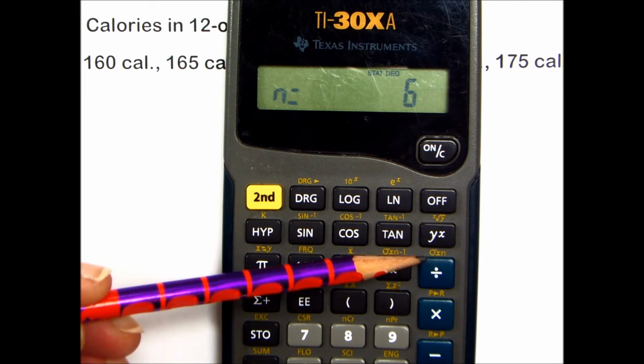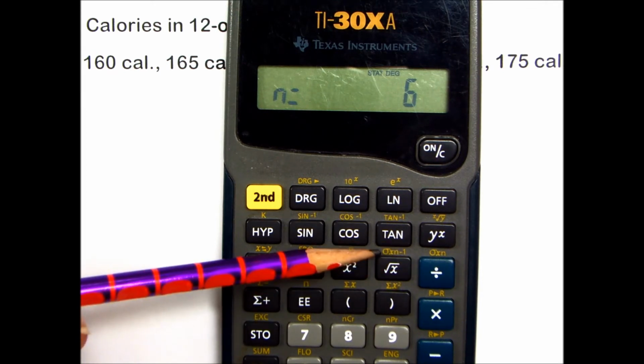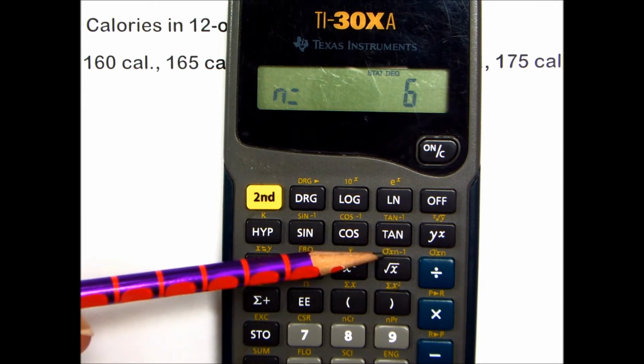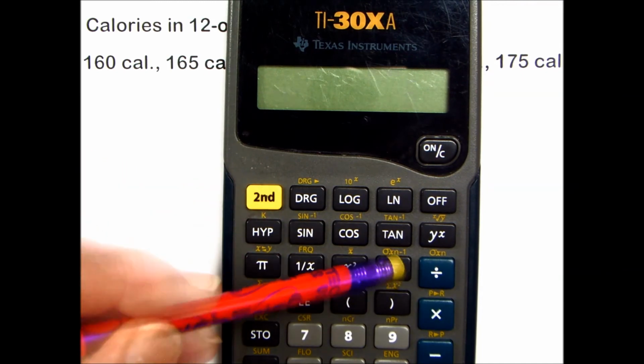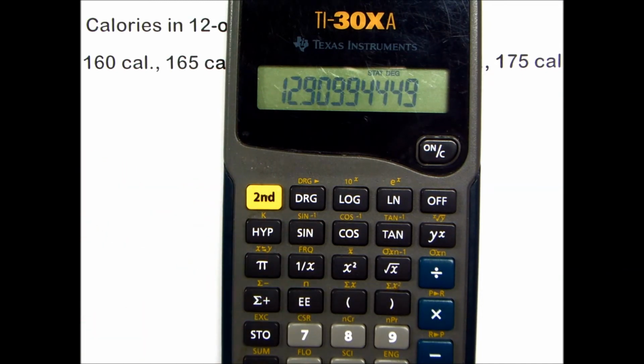Immediately to the right, we have sigma x, and this would be the theoretical or population standard deviation. In this course, we're only interested in the sample or experimental standard deviation. Since it's yellow, we'll activate that by hitting the 2nd and the square root key, giving us the standard deviation of 12.9, the answer to the question.